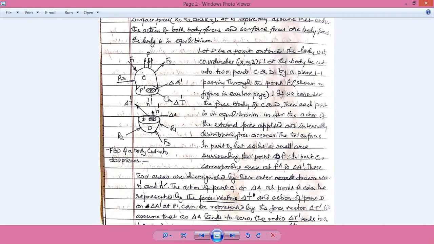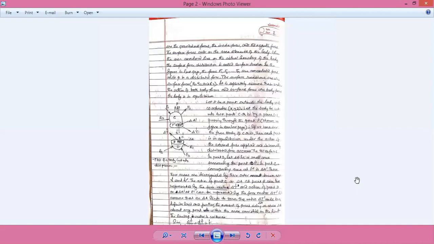We are seeing that the external force delta T dash is acting over the area delta A dash, and the action of part D, at P dash, can be represented by the force vector delta T. So part C's area is delta A dash, part D's area is delta A, and the same force is acting over both parts.